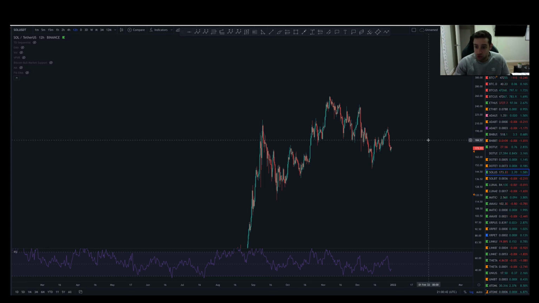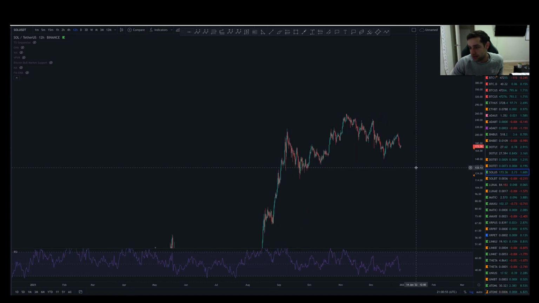Doesn't matter if it goes on and drops. If you went short here and it dropped another 50% and you took profits, there'll be another trade. I guarantee you there will be another trade. So just look to trade these coins for support, resistance, and those main indicators.